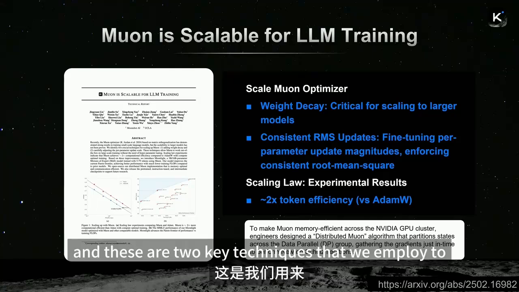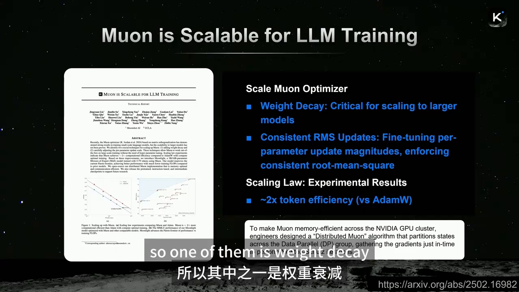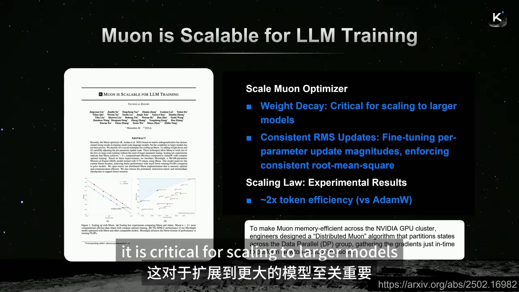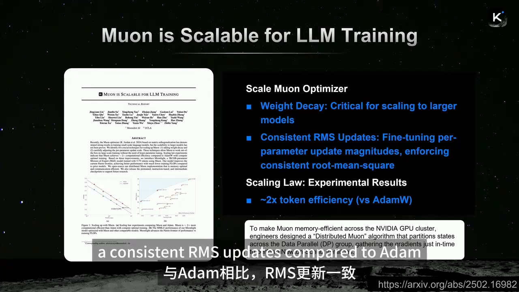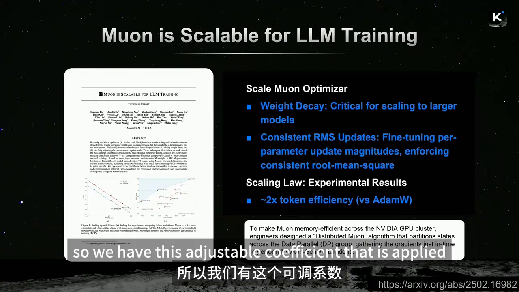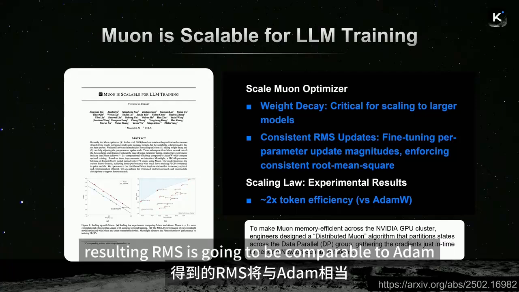And there are 2 key techniques that we employ to make it effective for large-scale training. One of them is weight decay, which is critical for scaling to larger models. The second is that we want to ensure consistent RMS updates compared to Adam. So we have an adjustable coefficient that is applied to each update, so that the resulting RMS is comparable to Adam.